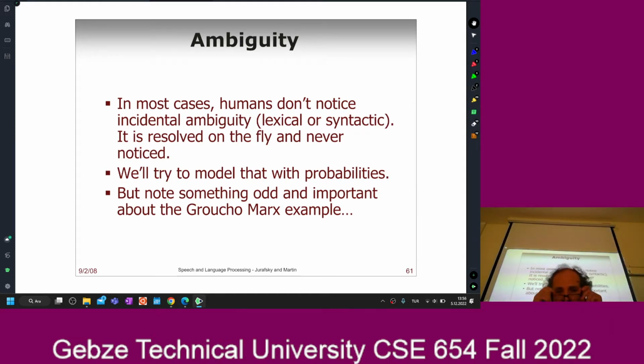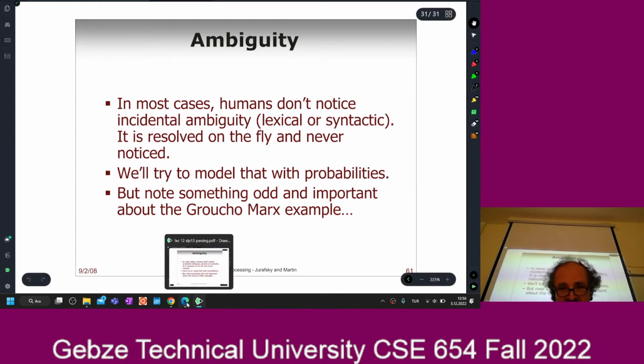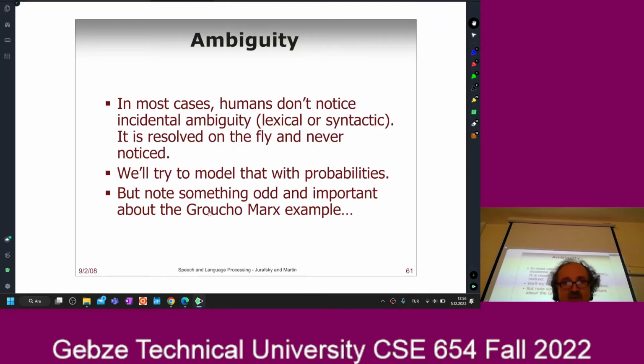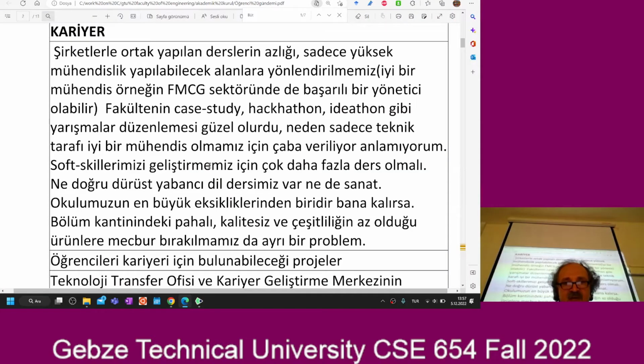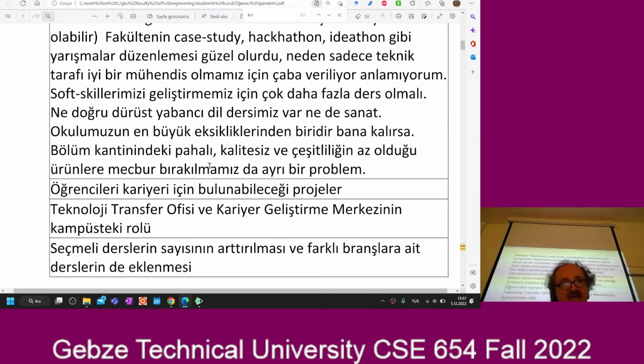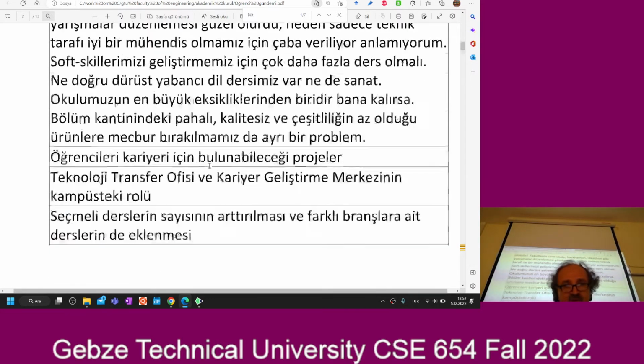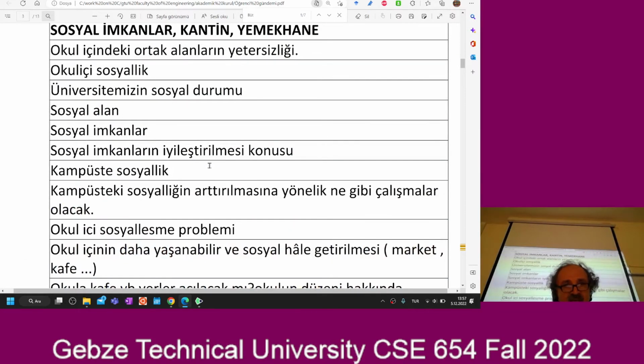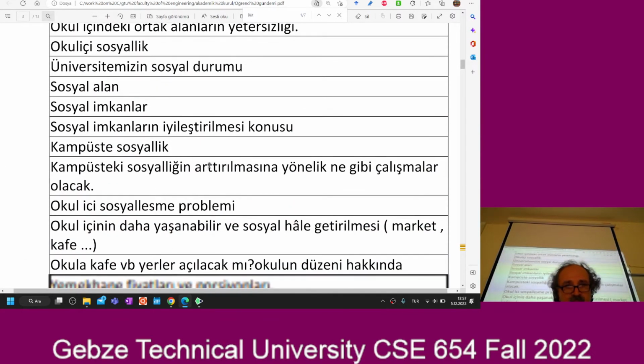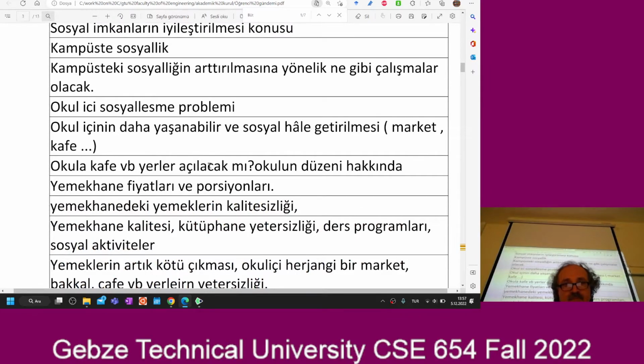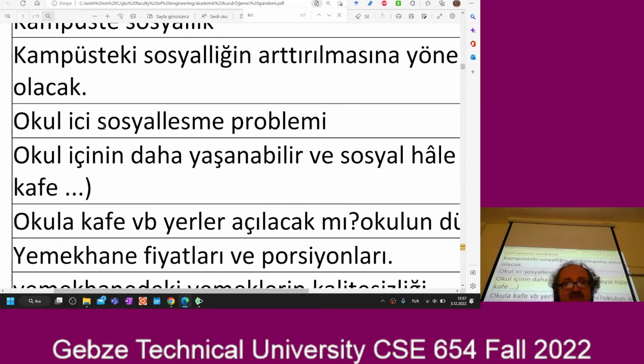For example, there were lots of ambiguous sentences in this questionnaire that we asked the undergrad students to fill in. Most of the sentences I don't understand coming from the students. For example, what do you understand from this one? "Okul içi sosyalleşme problemi."